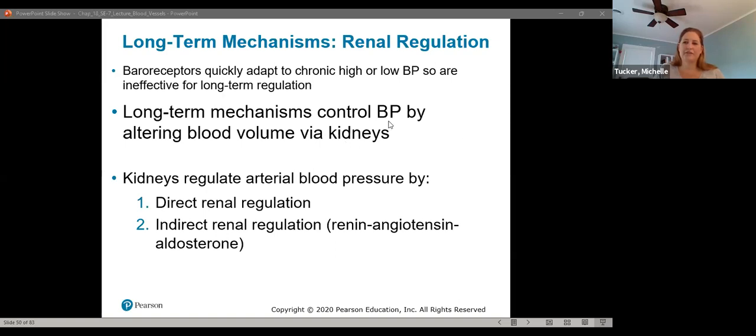By having a direct relationship between pressure and filtrate formation, that's going to allow for this direct renal regulation. So the kidneys regulate arterial blood pressure both directly, meaning it's in direct response to the blood pressure, as well as indirectly, which is where we get hormones and enzymes.